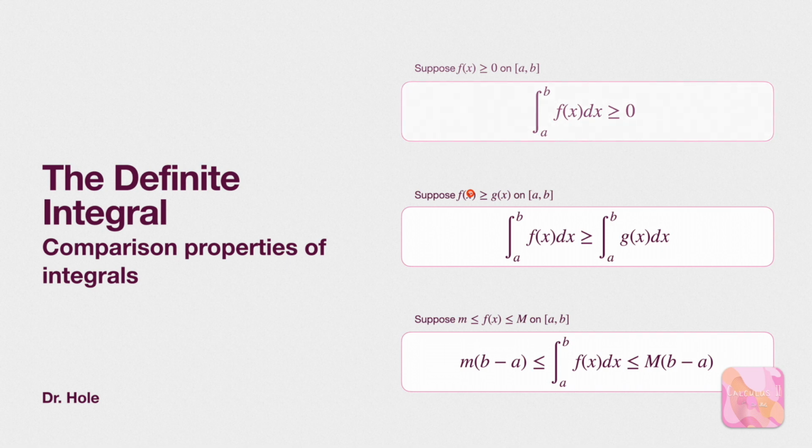For the second property, if you have one integrand which is bigger than a second integrand, always on some interval a to b, then the area under the larger integrand is going to be greater than the area under the smaller integrand.